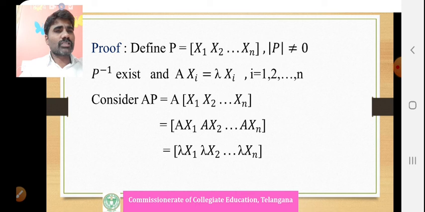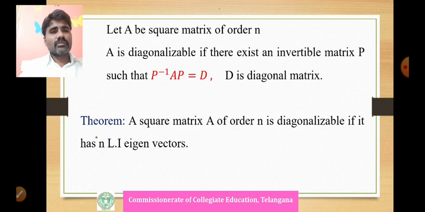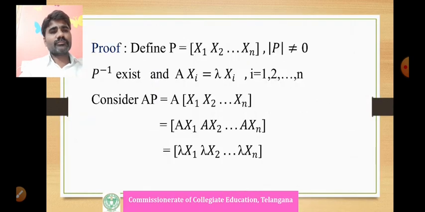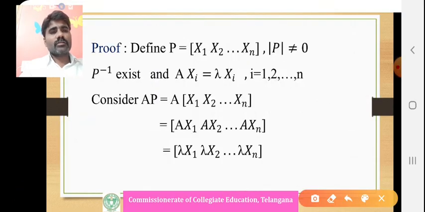Now let us consider AP, which is A x1, A x2, A xn. Now A x1 equals lambda 1 x1, A x2 equals lambda 2 x2, and A xn equals lambda n xn.